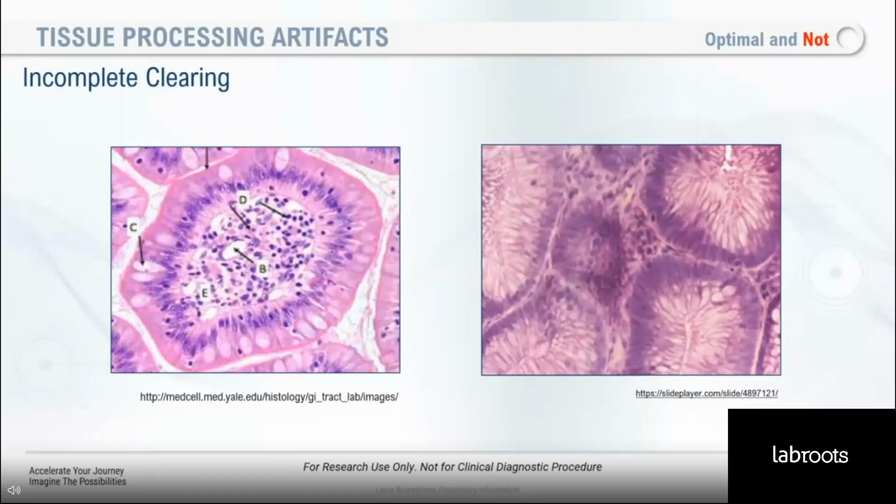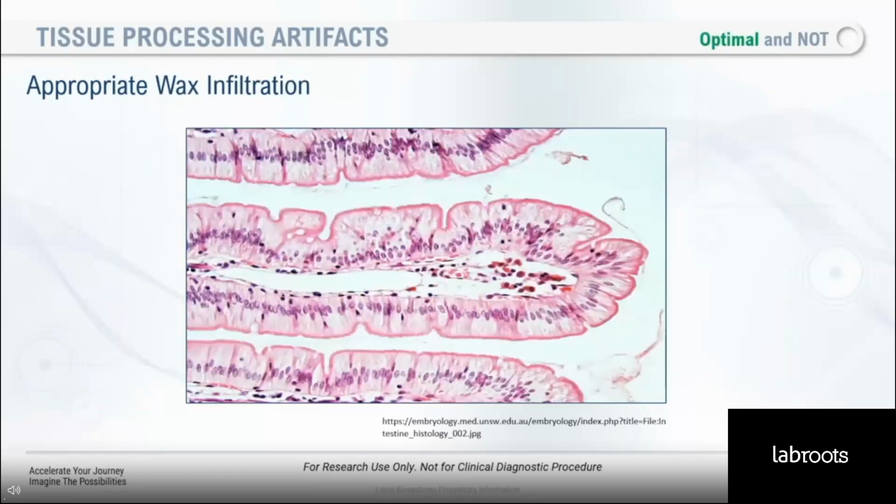Remember, I'm showing some of these sections in duplicate because you can have the same appearance but different root causes. Let's talk about wax infiltration. Remember, again, this is what we're going for. A nice section of bowel that is clear, no background staining, no murkiness, everything is well defined.